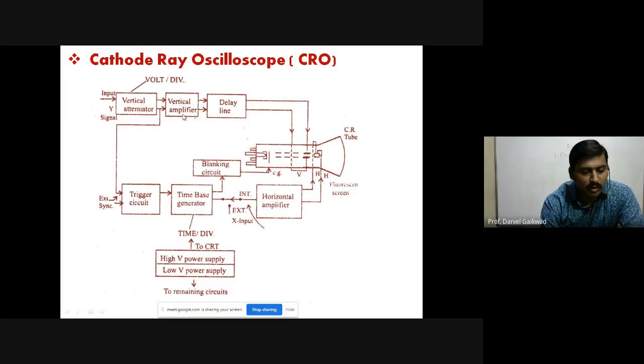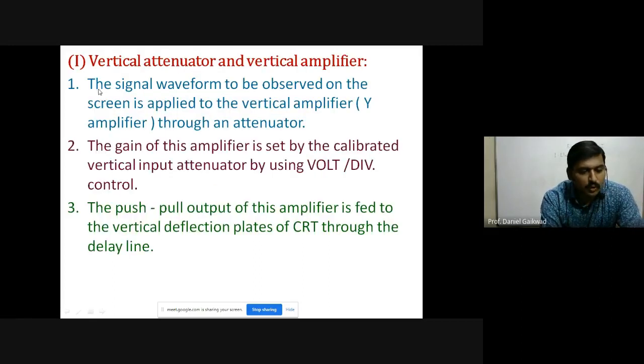First, the signal waveform to be observed on the screen of the CRO is applied to the vertical amplifier.